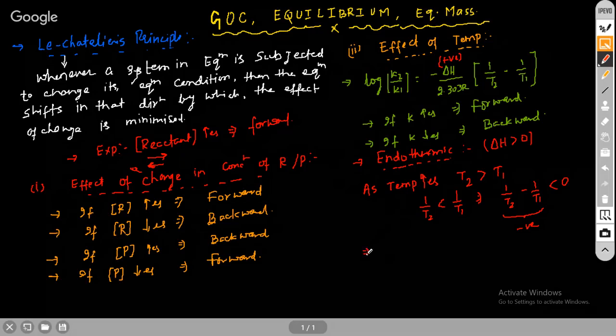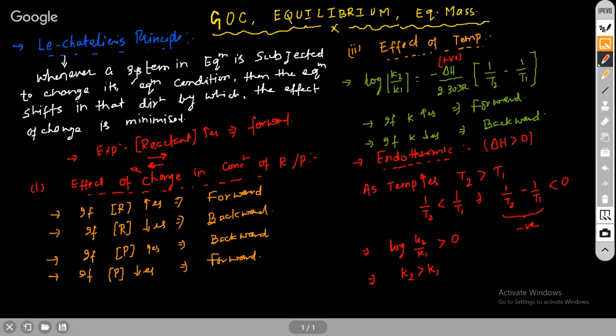So under this condition, log K2 by K1 is greater than 0, which gives log K2 minus log K1 is greater than 0, and further K2 is greater than K1. This is the conclusion: in an endothermic reaction, as temperature increases, the equilibrium constant increases. When T2 is greater than T1, K2 is also greater than K1. That is the effect of temperature in an endothermic reaction.